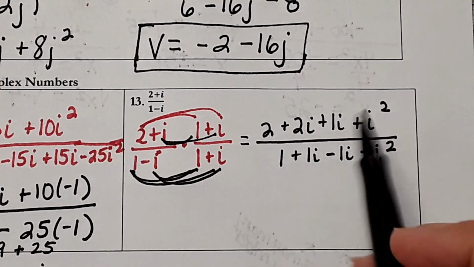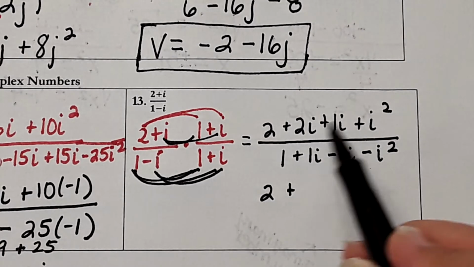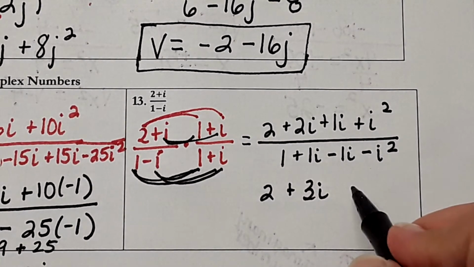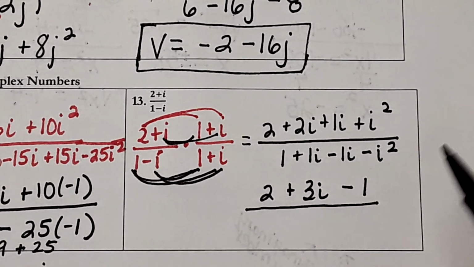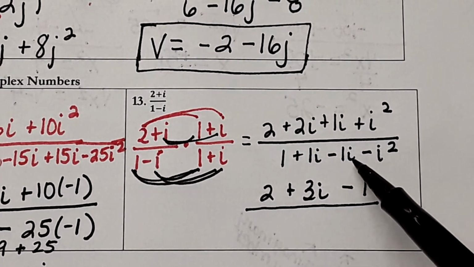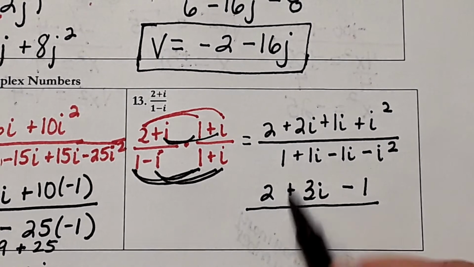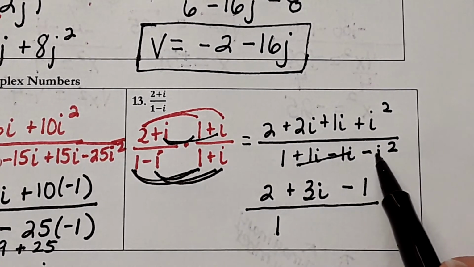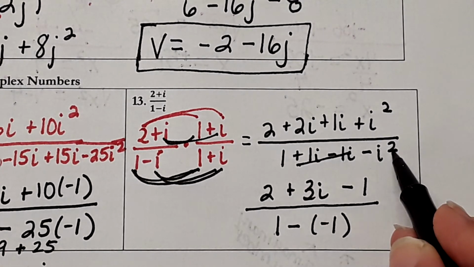So in the numerator, I can have 2i plus 1i is 3i, and i squared is negative 1. In the denominator, these two things are always going to cancel each other out because we're not allowed to have any i's. I have a 1. These cancel each other out, and then this becomes minus negative 1 because i squared is negative 1.